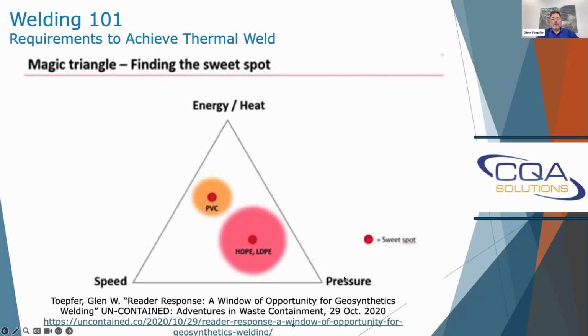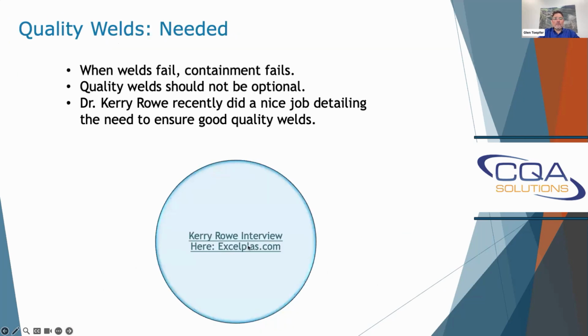You can see on his illustration that HDPE and LLDPE fall in one region of the magic triangle, and PVC falls in another. Each material is going to have its own sweet spot. But I think it goes probably beyond each material, as we'll get into here in the next 45 minutes or so.